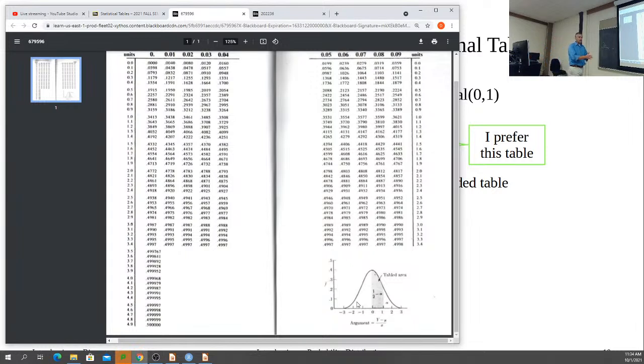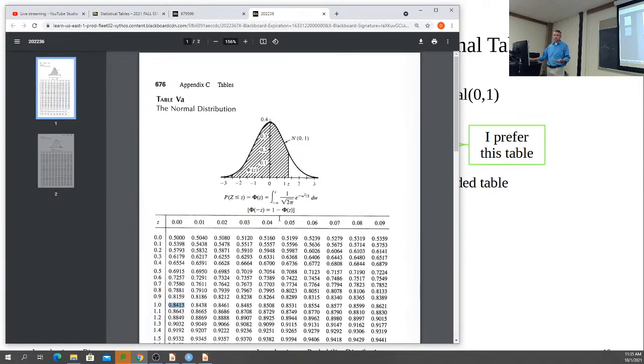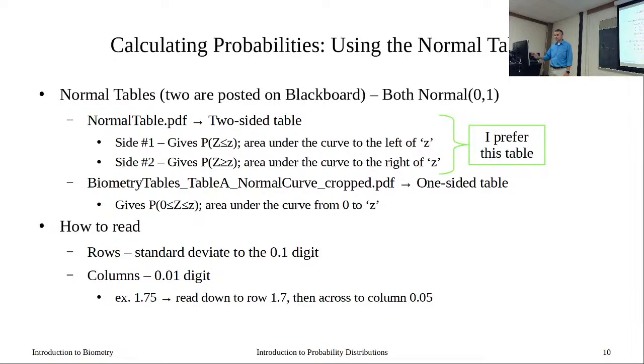We're symmetric around the mean, which means half of our area is 0.5. So the area to the left of 0 is 0.5. The area to the right is 0.5. So this one just requires an extra step to calculate our probabilities. I'm going to use the other one moving forward, but I have both for you to use.